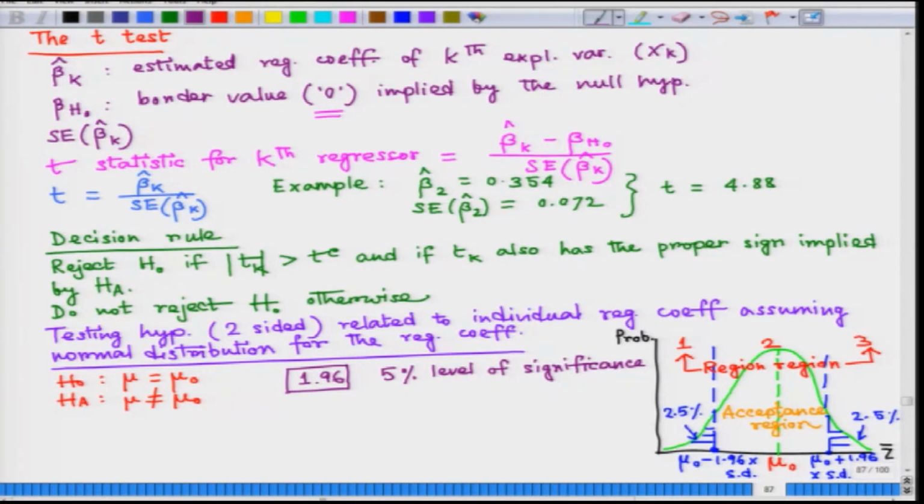Sometimes you also see that statistical software reports on regression analysis give the p value.